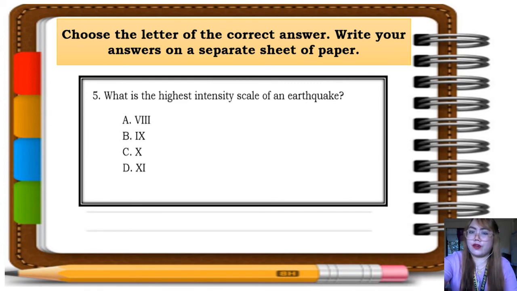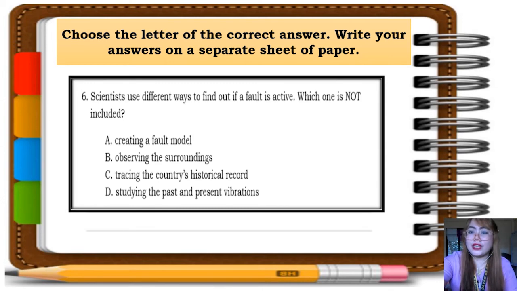Number 5. What is the highest intensity scale of an earthquake? A. 8, B. 9, C. 10, D. 11. Number 6. Scientists use different ways to find out if a fault is active.